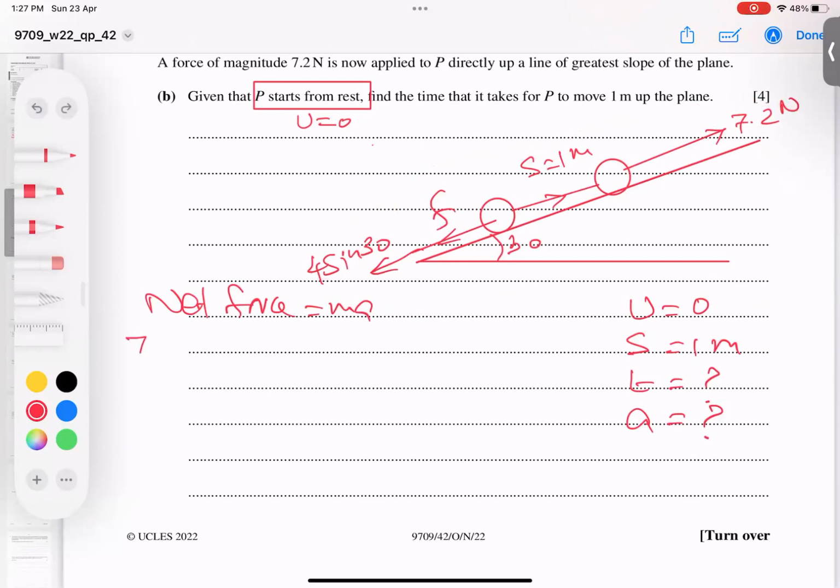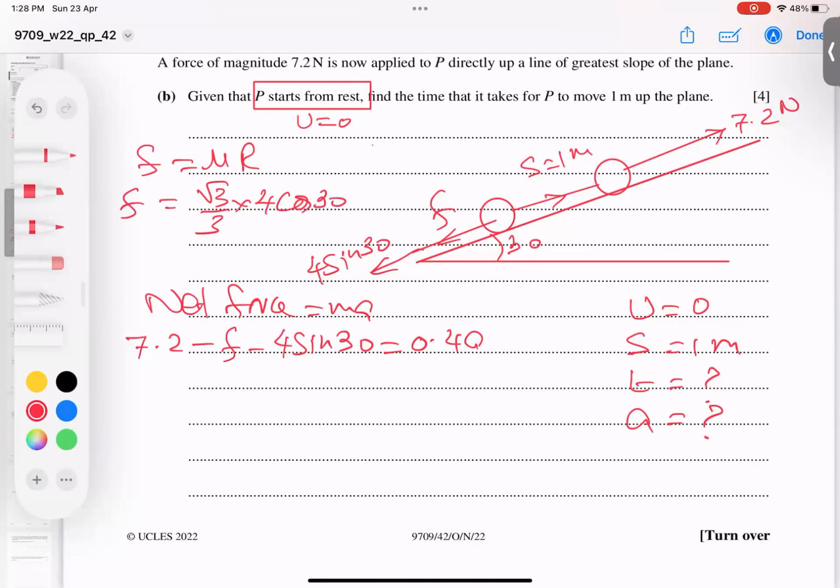So I can say 7.2 minus friction minus 4 sine 30 equals MA. But what is the friction force? F is mu R. Mu is root 3 over 3, and R we know is 4 cos 30.